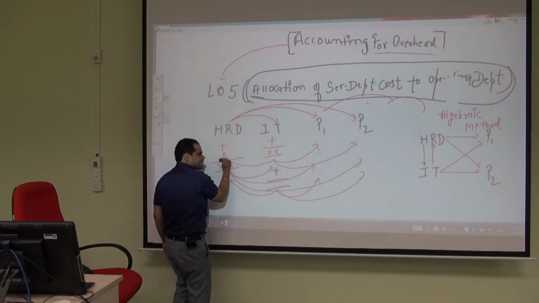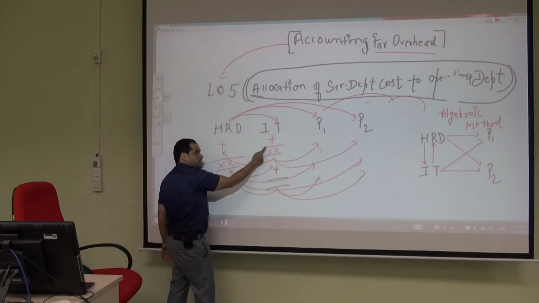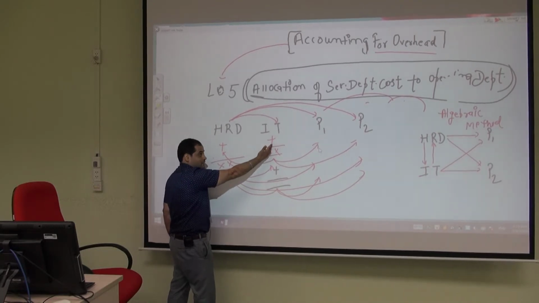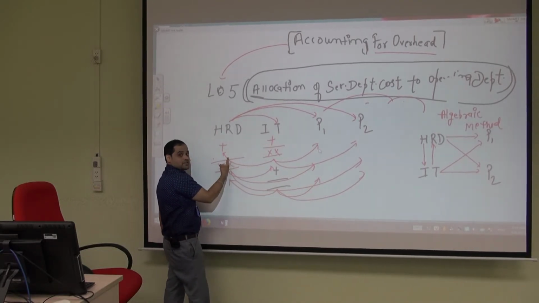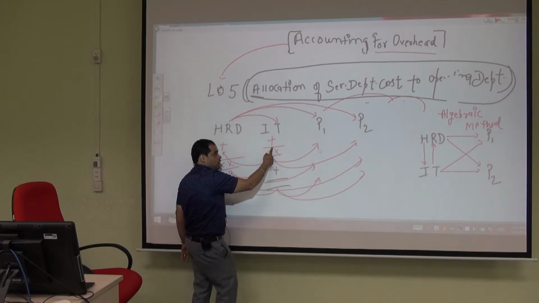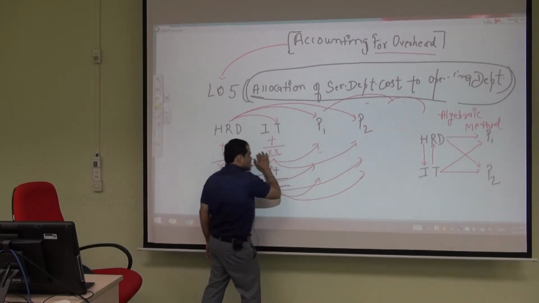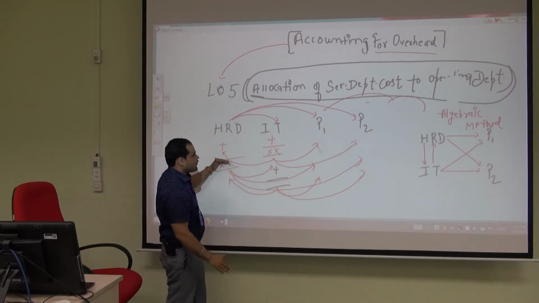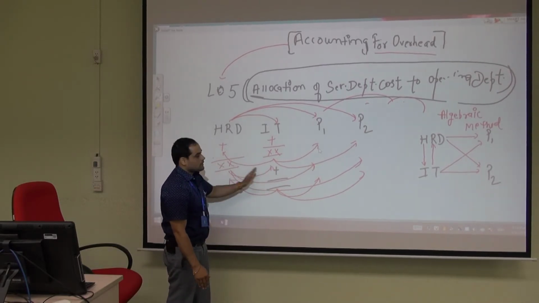So your balance is nil. When this department provides a service, of course, it's a step down method. This department is not going to provide service to this department. So this department will provide service to this and this. This is nil. That's it. So you don't have to go further. Why? Because your balance becomes zero.